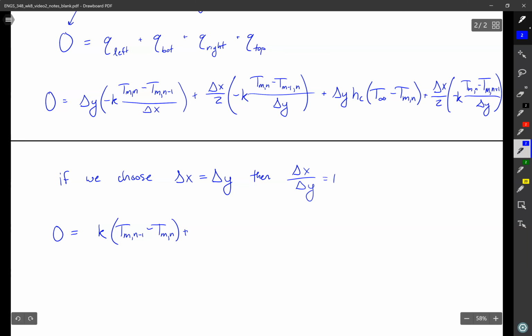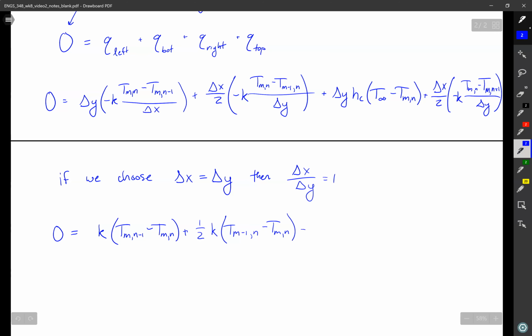This next term has a 1/2 out in front: 1/2 times k times (T_m-1,n minus T_mn).